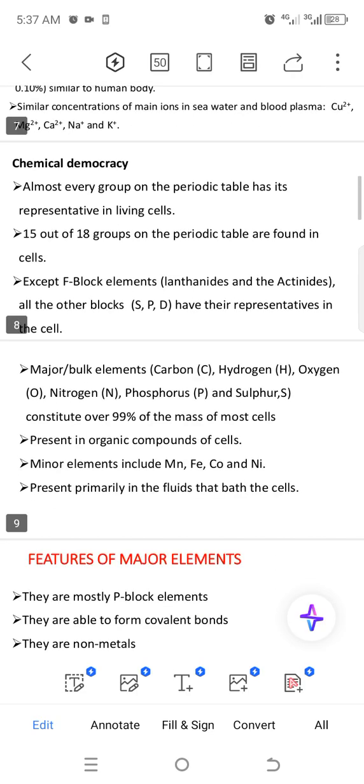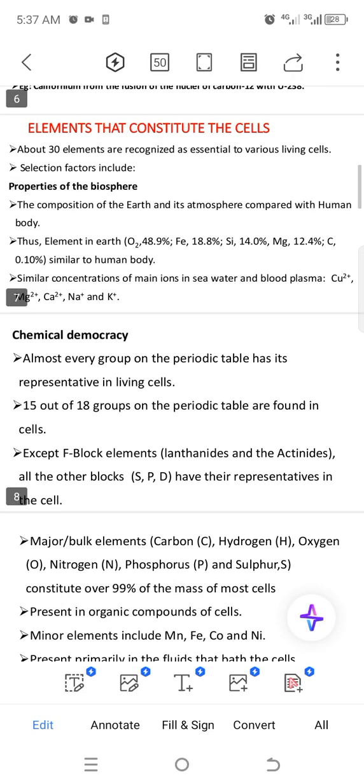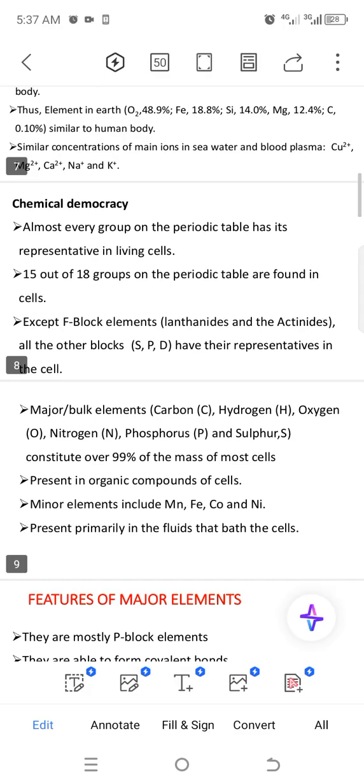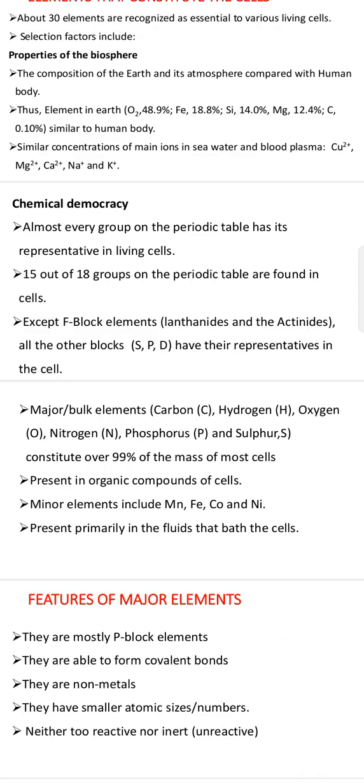So the next thing we will talk about is the chemical democracy. So almost every group of the periodic table has its representative in living cells. So all the groups on the periodic table, with the exception of the transition metals, we have 8 groups.